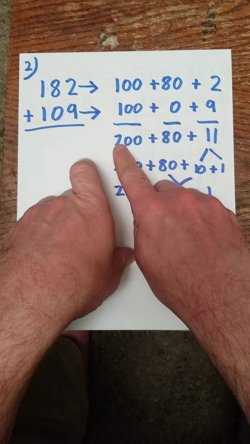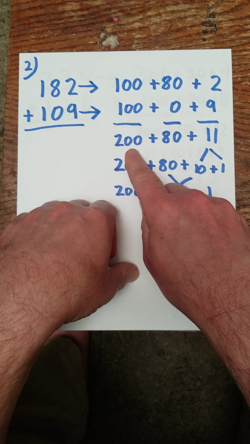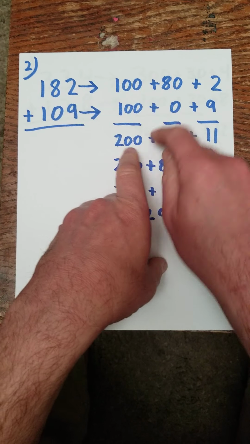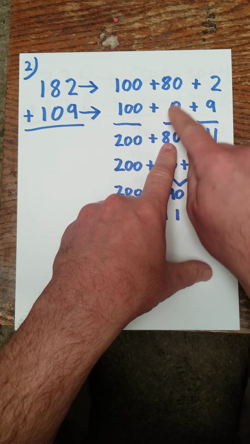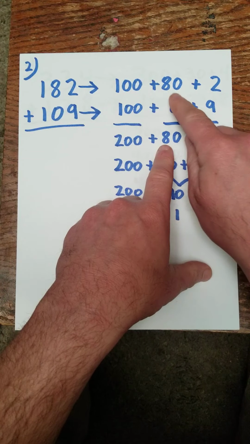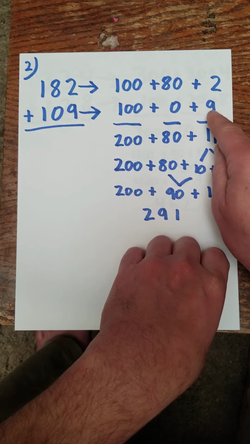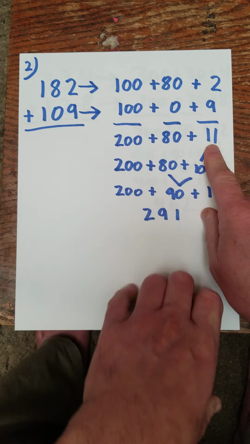So 1 plus 1 is 2. So 100 plus 100 would be 200. So there's 200s. We had 8 tens and 0 tens. 8 and 0 is 8. So 8 tens plus 0 tens is 80. 2 ones plus 9 ones is 11 ones.